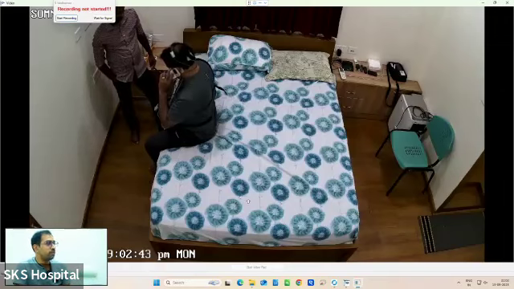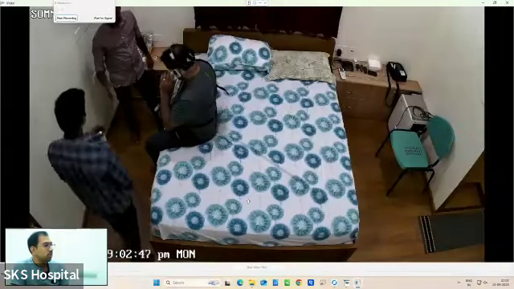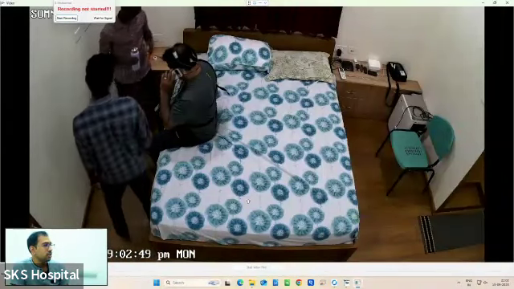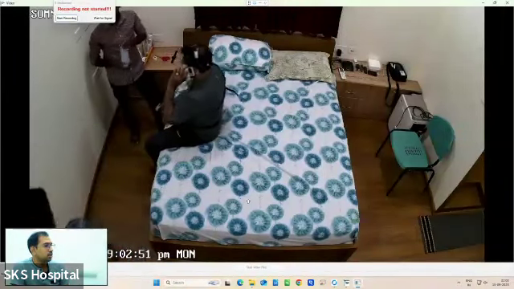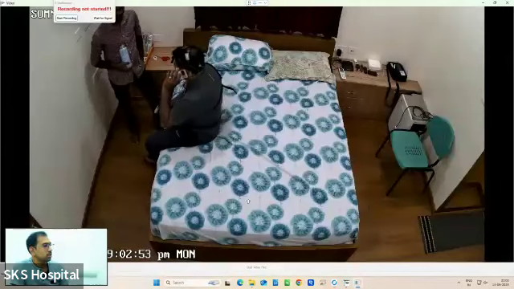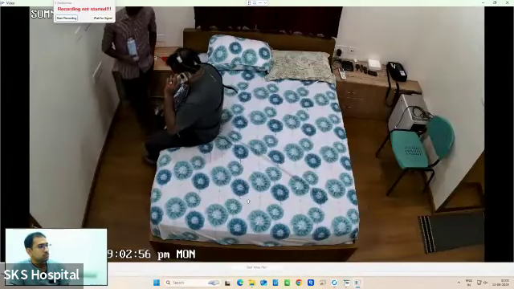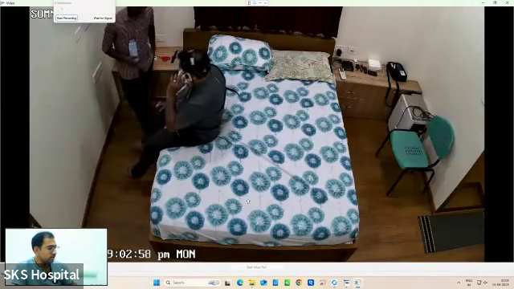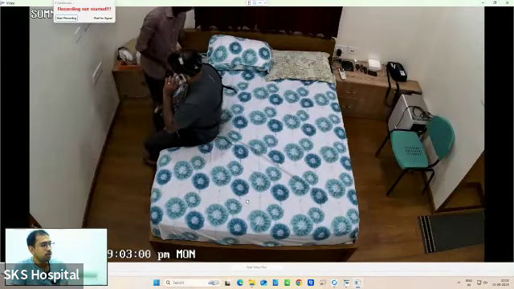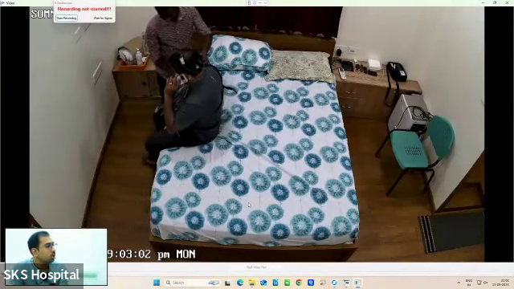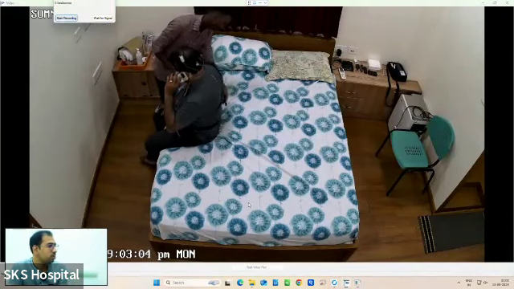So this is the video feed where you can see. So we are yet to start the video recording now. The patient is all connected and ready. So this you can see as a typical setup of a level 1 polysomnography, where it is similar to a home's bedroom.